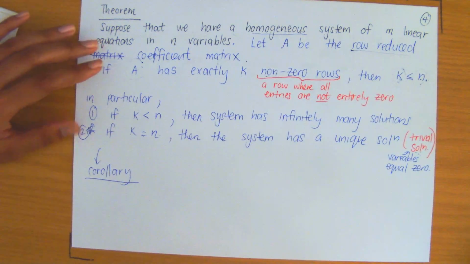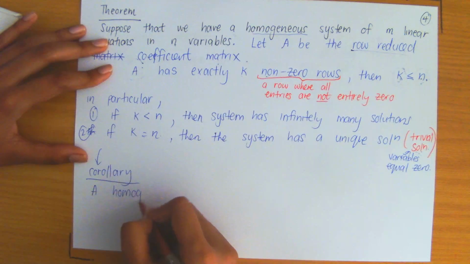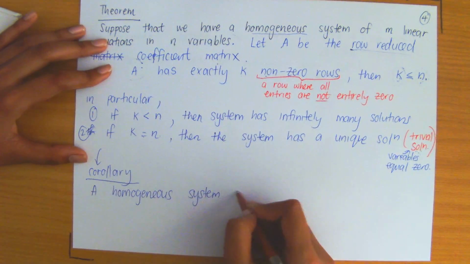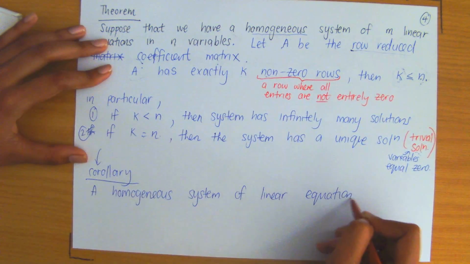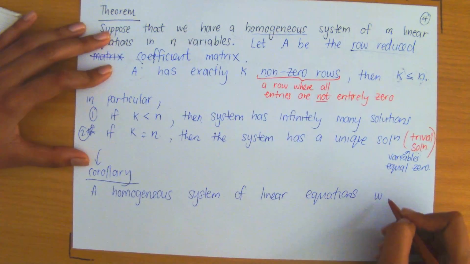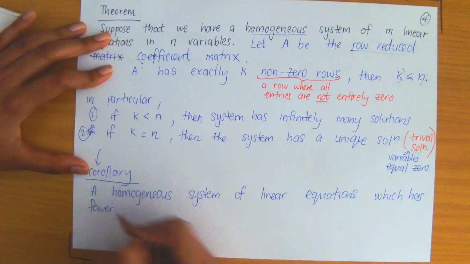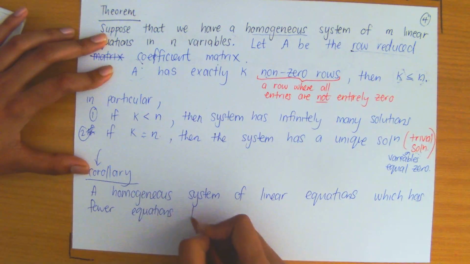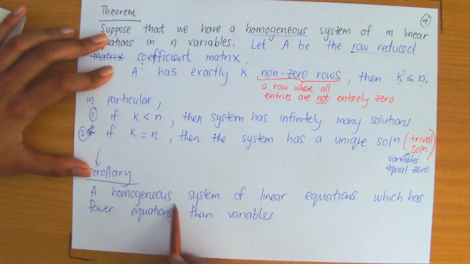Now, the corollary tells us that a homogeneous system of linear equations which has fewer equations than variables. Remember, the number of equations is the rows and the number of variables is the columns.